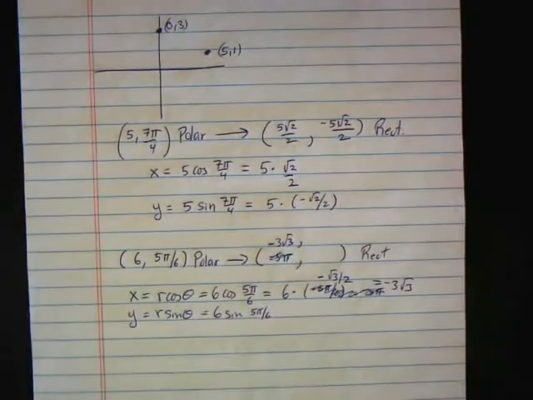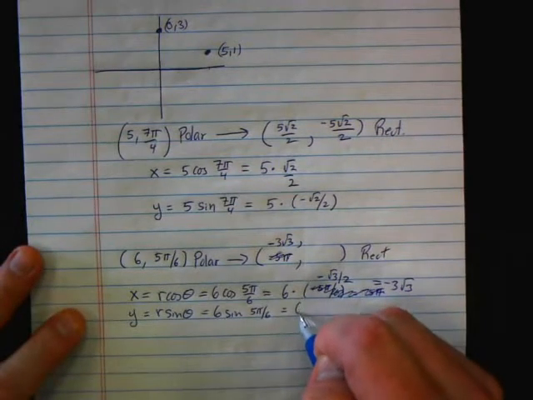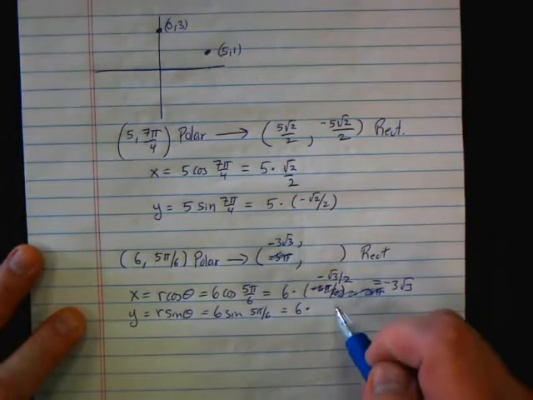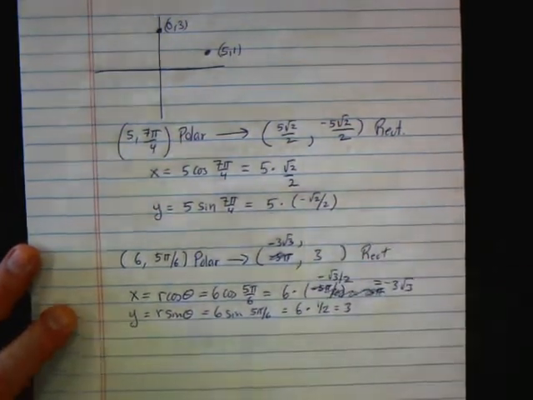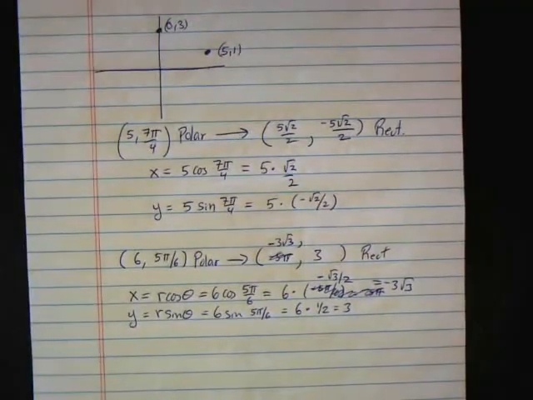Don't let me write silly things. What's the sine of 5 pi over 6? 1/2, because we're in quadrant 2. It's a positive number. So 6 comma 5 pi over 6 in polar form is the same as negative 3 square root of 3 comma 3 in rectangular form. Questions on that?